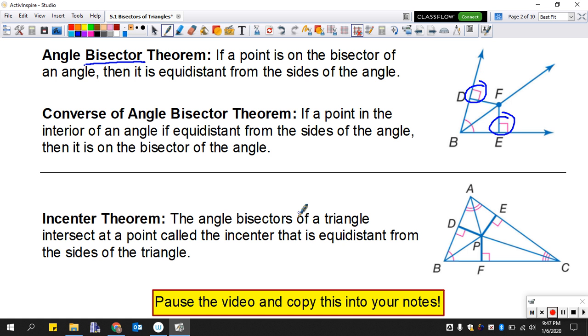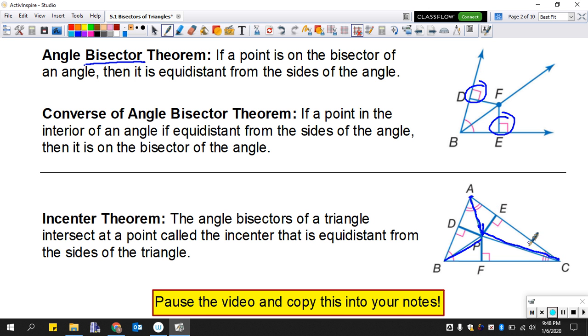Once again, because we have three angles, we're going to have three angle bisectors. This is an angle bisector, this is an angle bisector, and this great big long one is also an angle bisector.